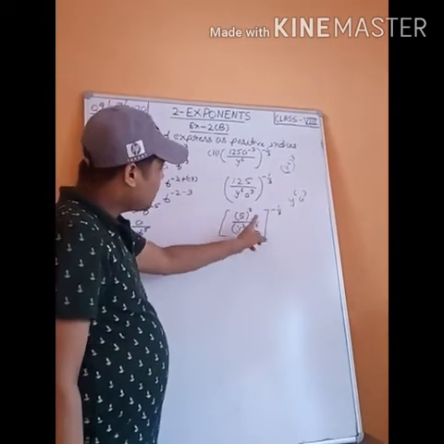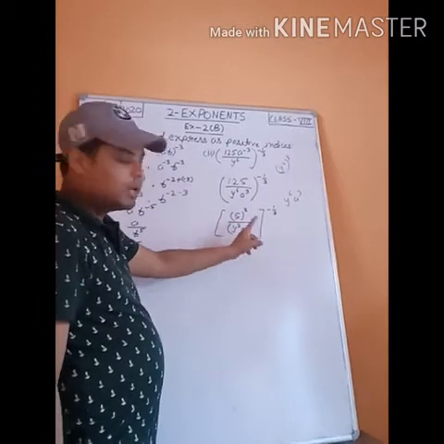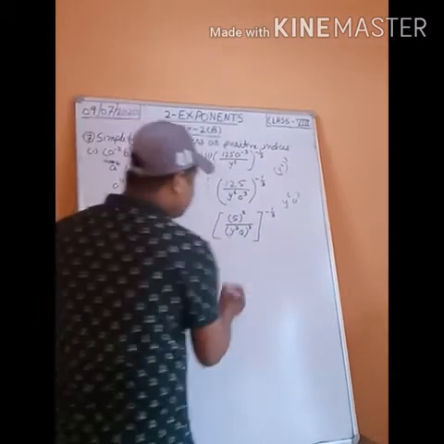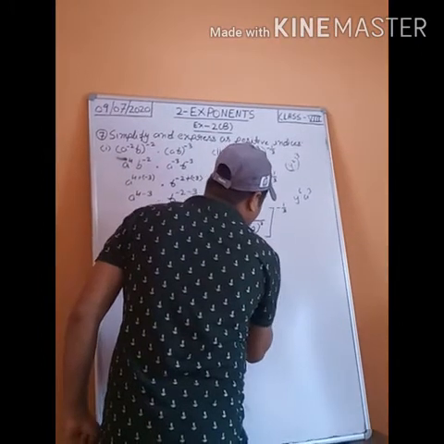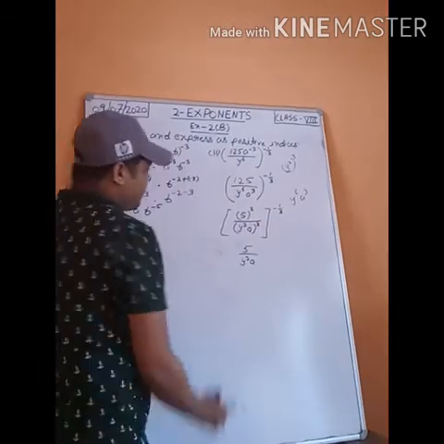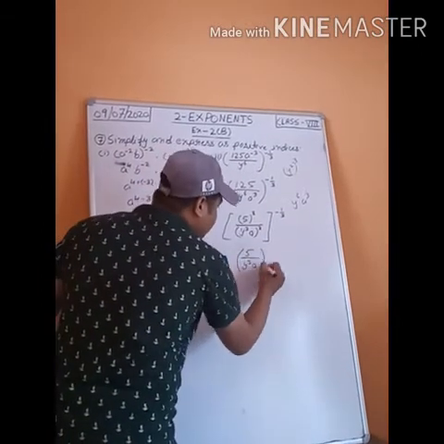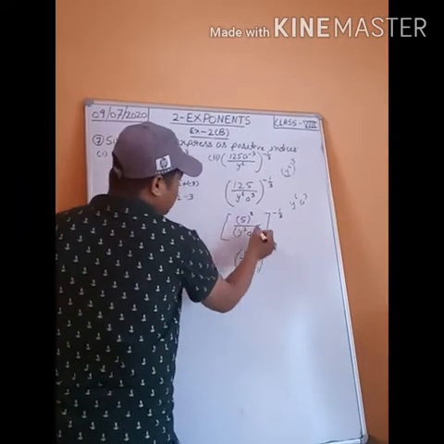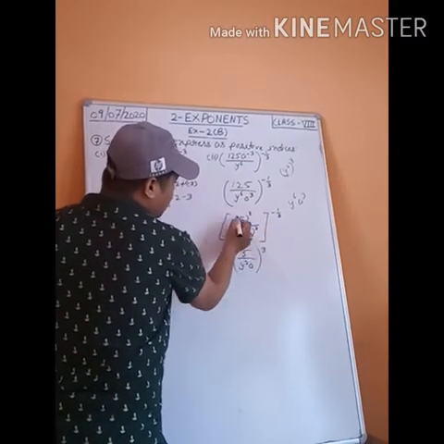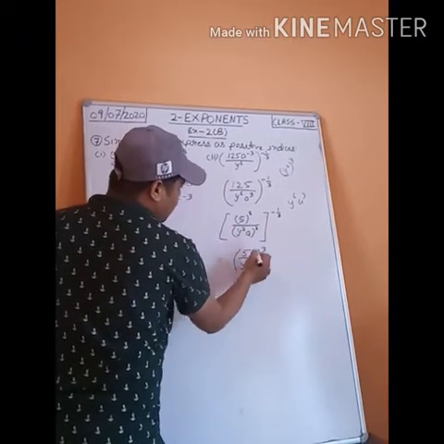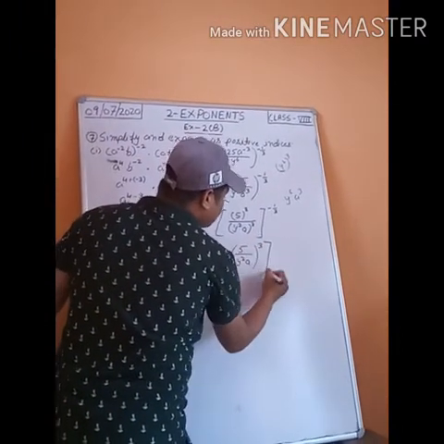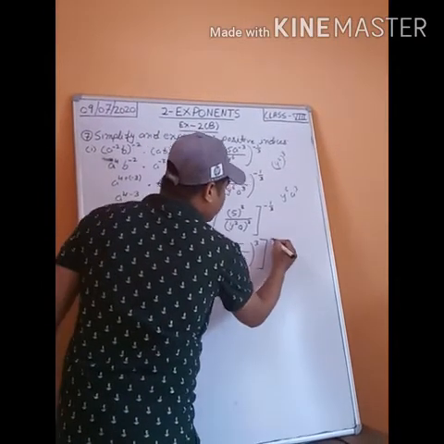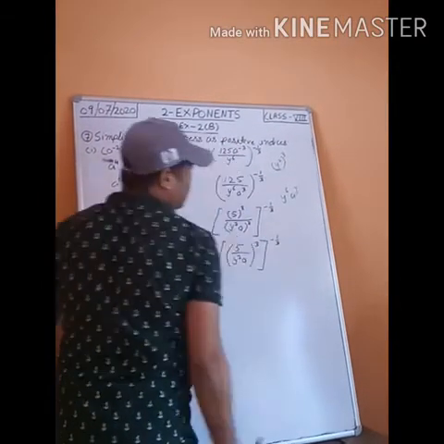So both the powers are the same, so we can write a single power. It means 5 upon y square a, whole power 3. See, both the powers are the same. Then its whole power minus 1 upon 3.